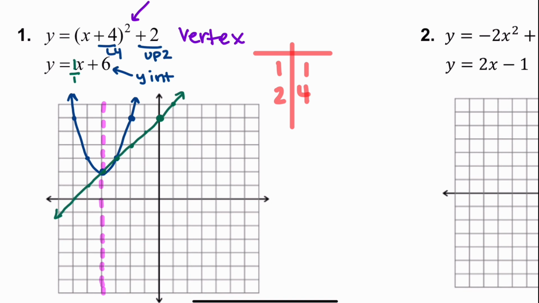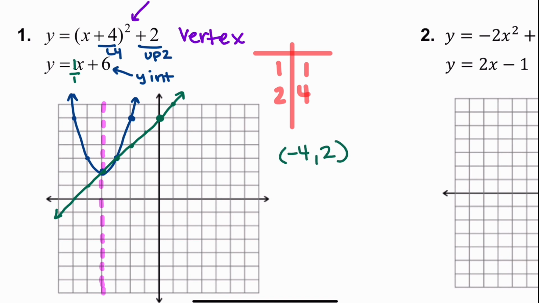Now there's 2 points where these two graphs intersect. This point here and this point here. We're going to write those points as ordered pairs. So let's start with this point. We go left 1, 2, 3, 4, up 2. Left 4, up 2 is the point -4, positive 2.